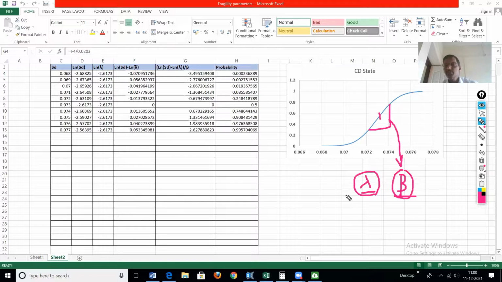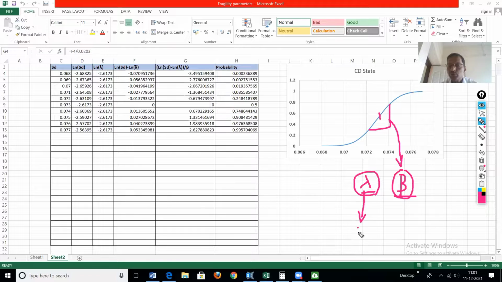Now perform pushover analysis, and for the 4 damage states we will consider, from the pushover analysis data we will estimate the parameter called the median value. So median value for slight damage, for moderate damage, for extensive damage, and for complete damage.